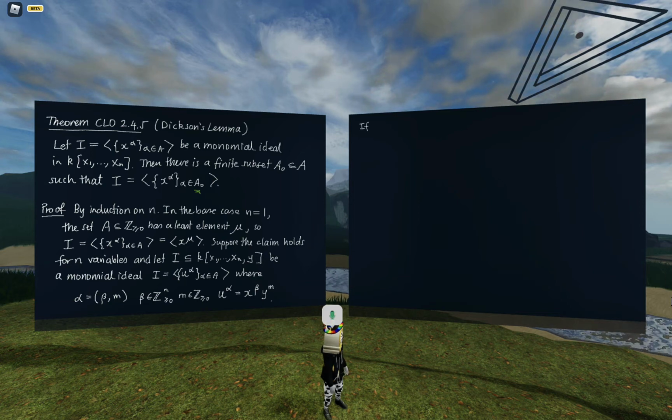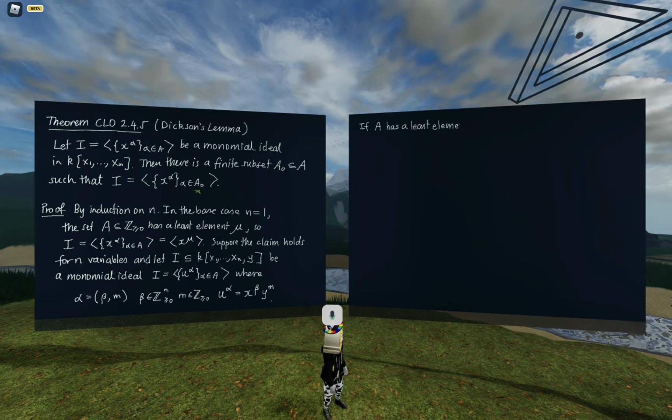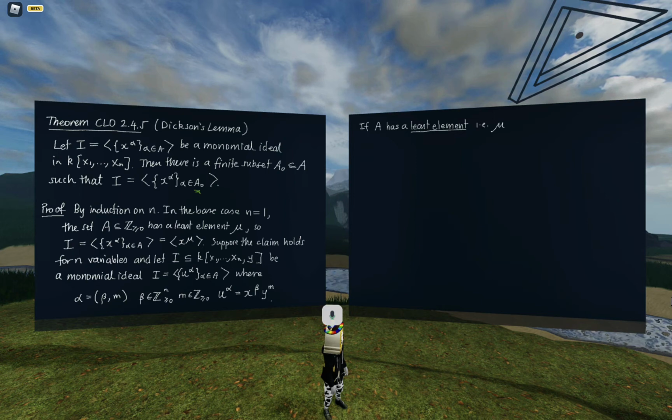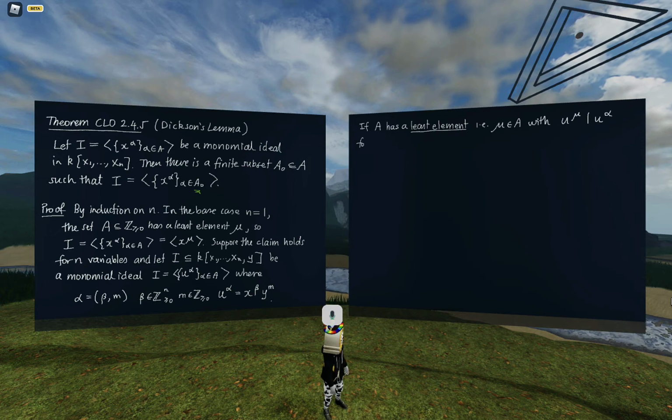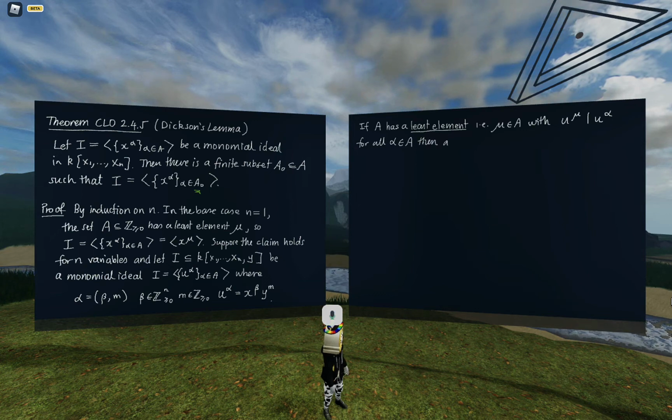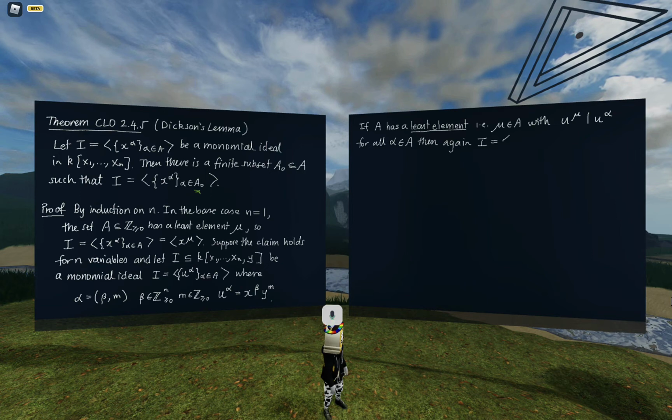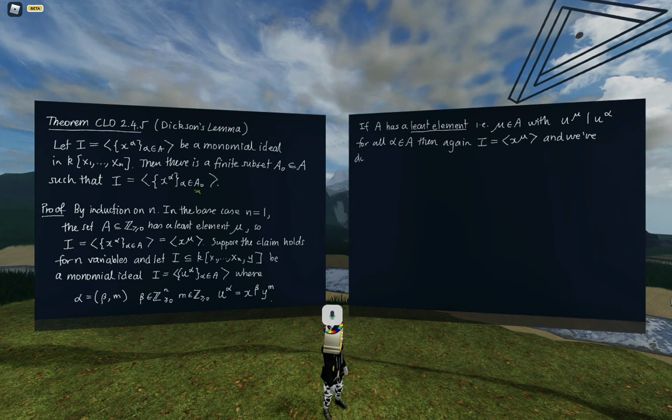So if A has a least element, i.e. there was some mu in A with u to the mu dividing u to the alpha for all alpha in A, then again we're done. That's a finite generating set.